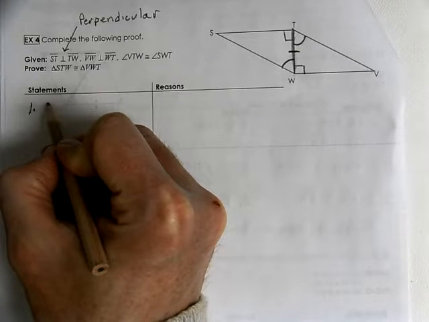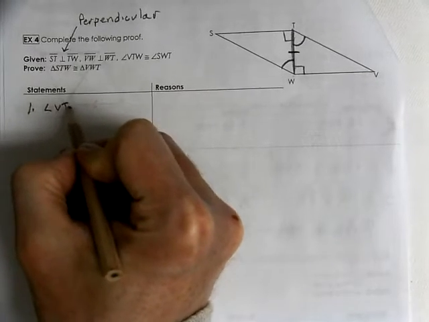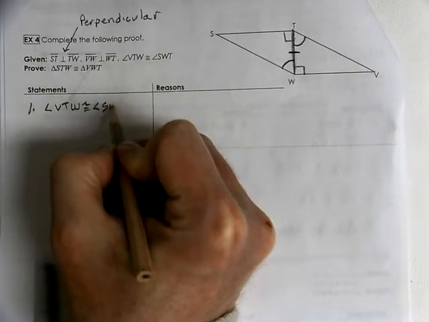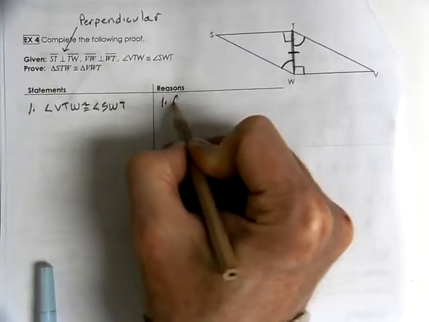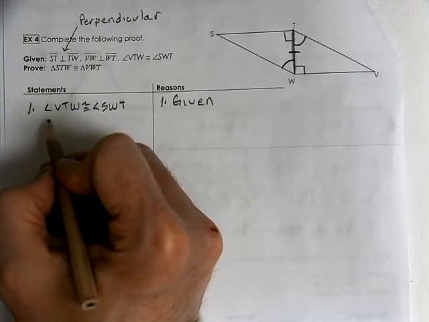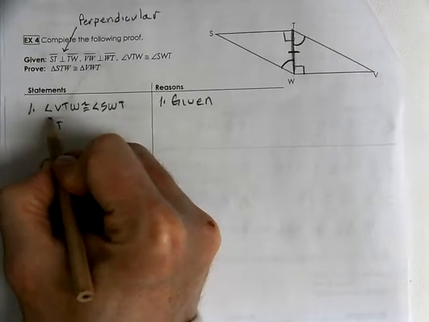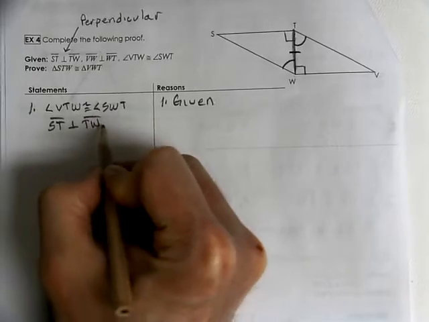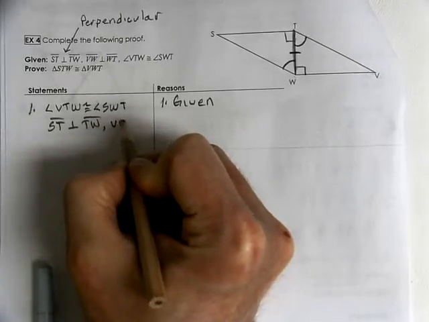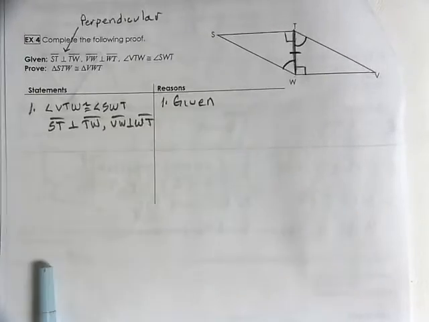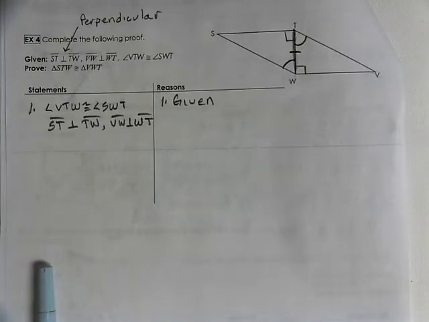Let's say that angle VTW is congruent to angle SWT. That was our given information. Our given information was also segment ST perpendicular to segment TW. We also had VW perpendicular to WT. That was all given information.